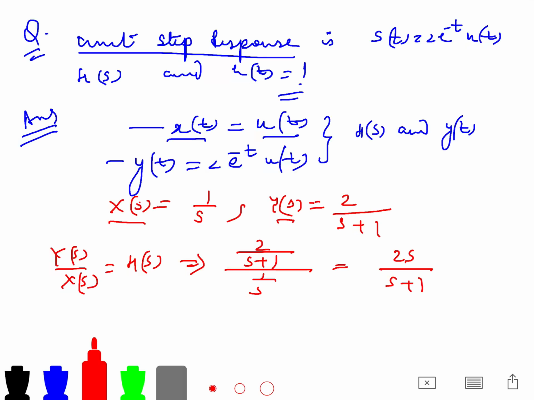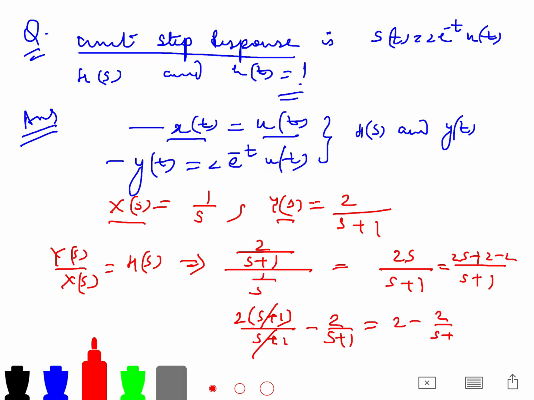So it can be written as 2 upon s plus 1 divided by 1 upon s. Okay. So it will be 2s upon s plus 1. Right. Now it can be written as 2s plus 2 minus 2 upon s plus 1, and this can be written as 2(s plus 1) upon s plus 1 minus 2 upon s plus 1.